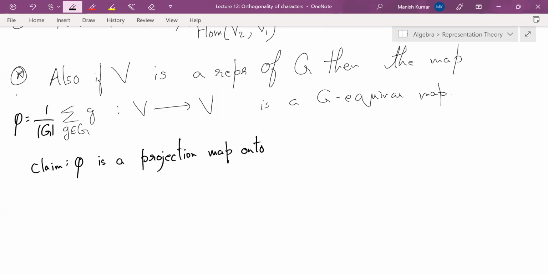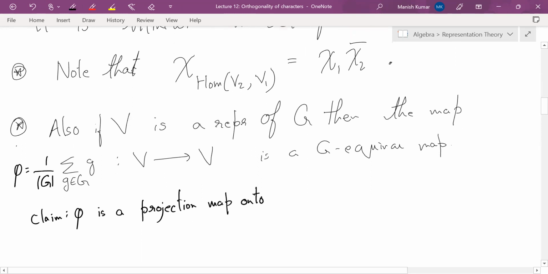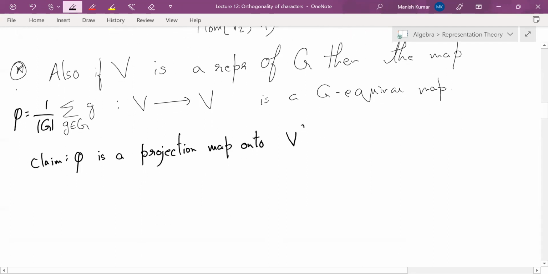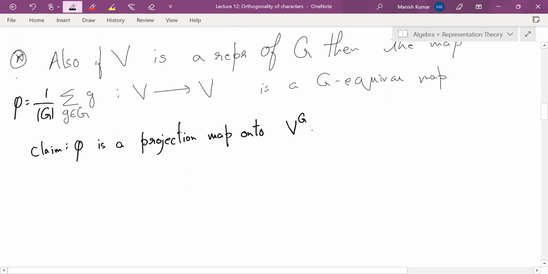You will see that it is the fixed subspace, the set of the subspace where G acts trivially: v in V such that gv equals v for all g in G.